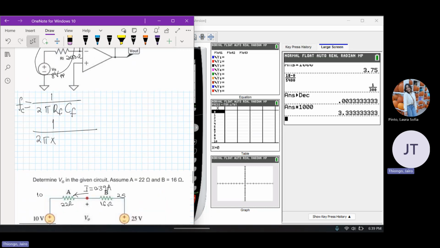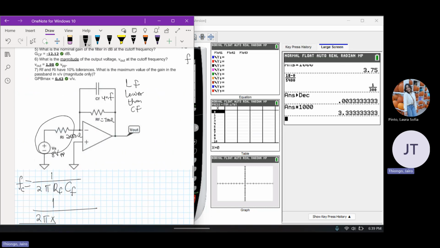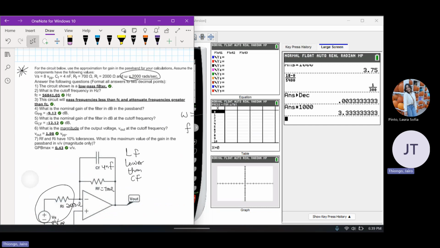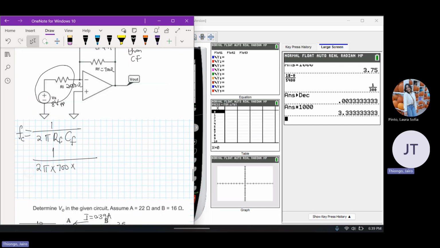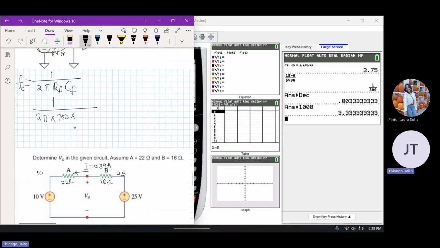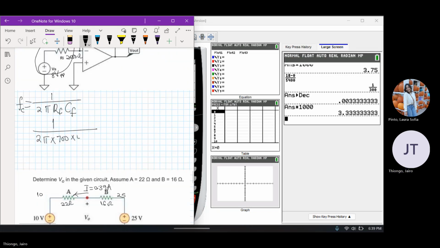Very good. So 1/2 pi times RF, the feedback resistor, which is 700, multiplied by CF, the value for the capacitor. It's given in nanofarads, so you have to convert it into farads: 4 times 10 to the minus 9.